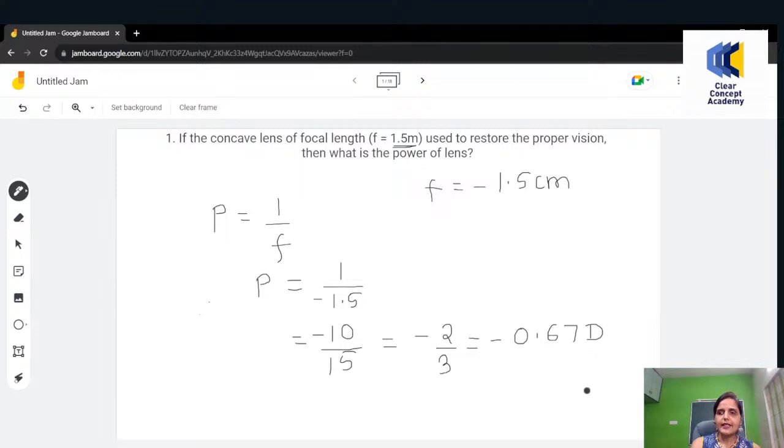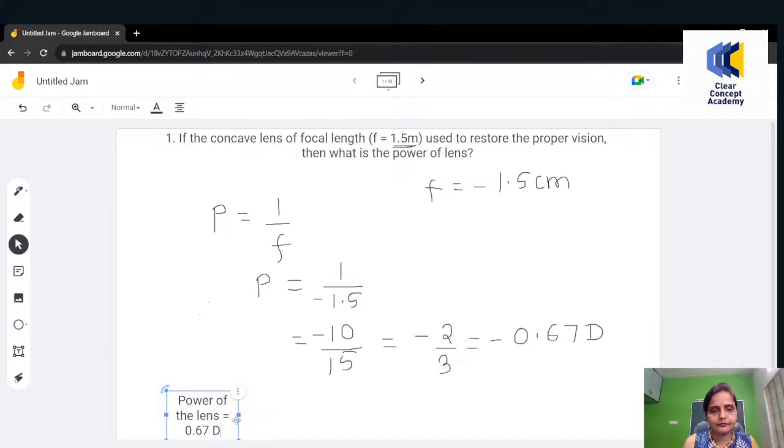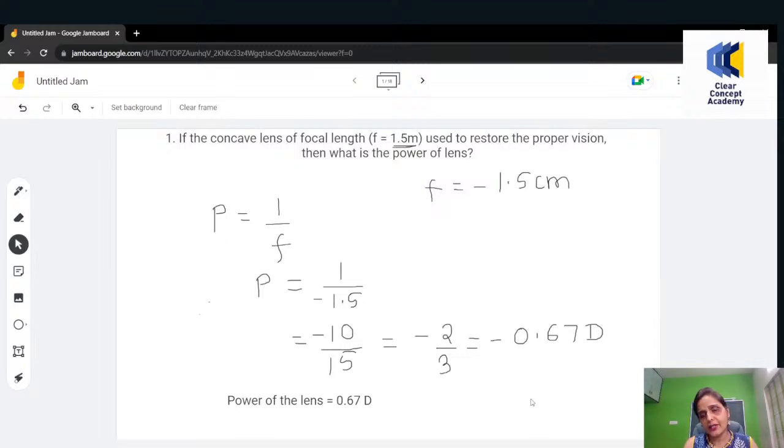So here in this case, the answer is power of the lens is minus 0.67 diopter.